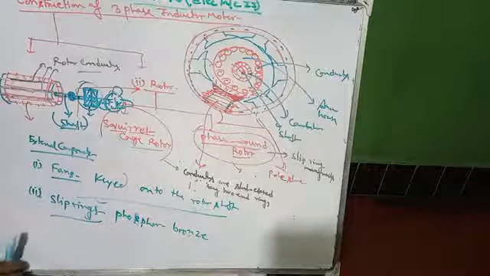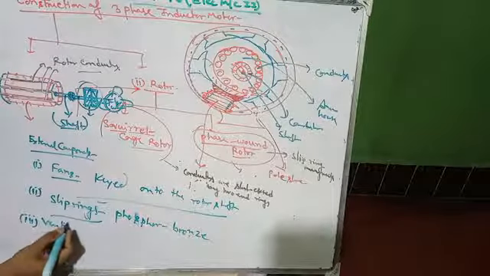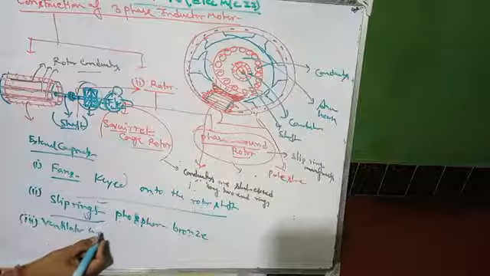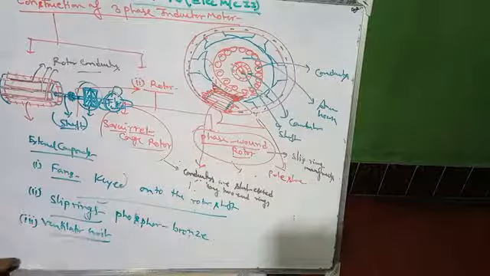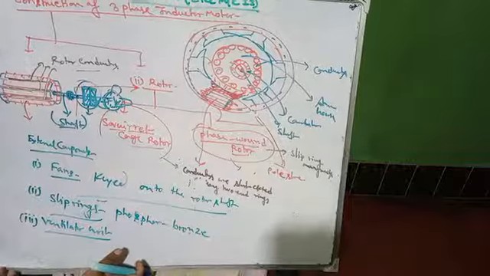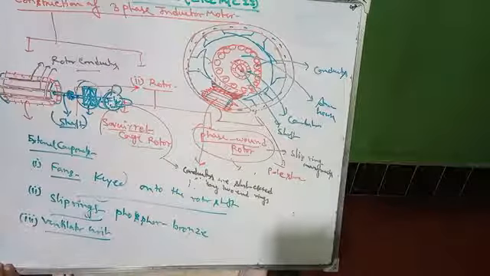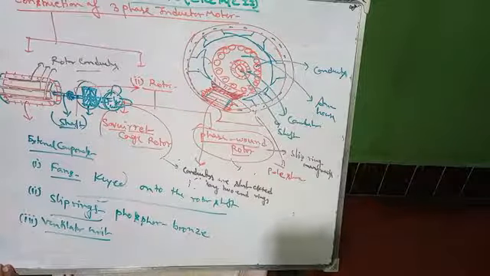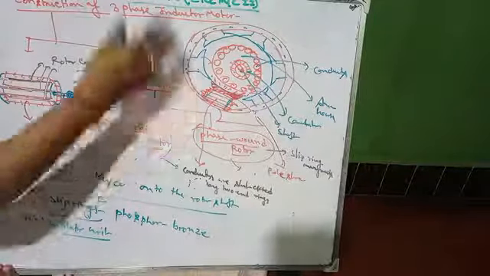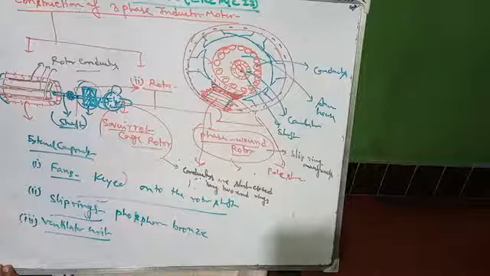And third one, ventilator grill. So ventilator grill is used for circulation of air when it is needed. So ventilator grill is very important to eliminate the heat from the motor by utilizing the fan.